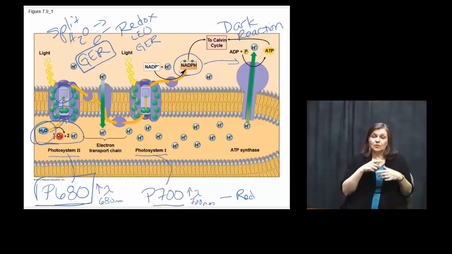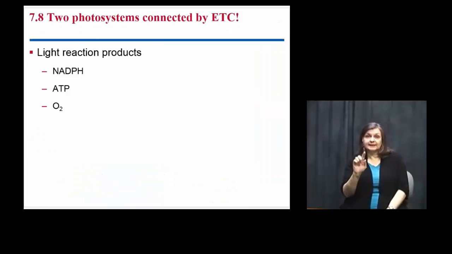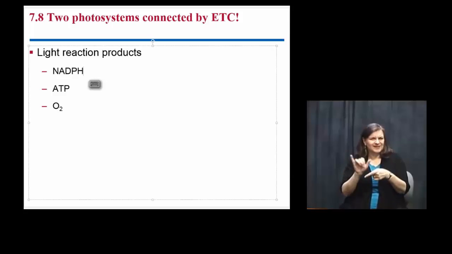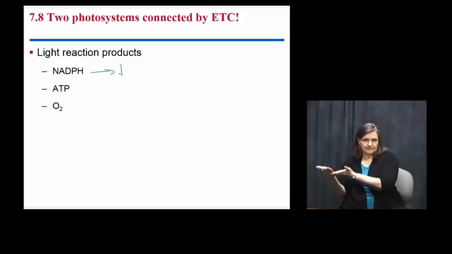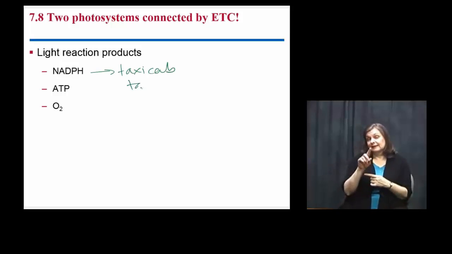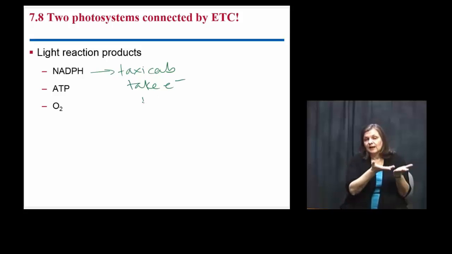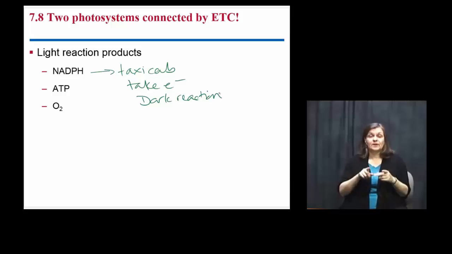The products that are produced from this light reaction are NADP. Remember, that's our taxi cab carrier for our electrons. And it's going to take electrons to the dark reaction. We're also going to make ATP.